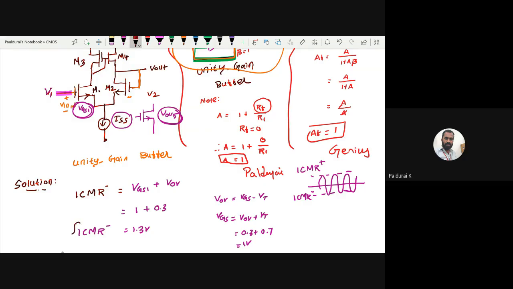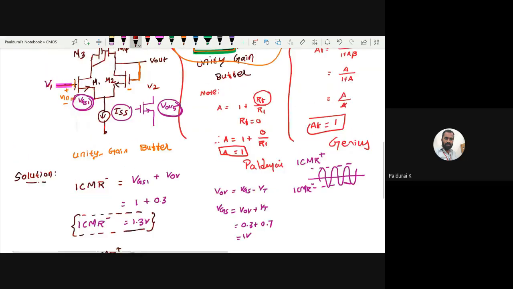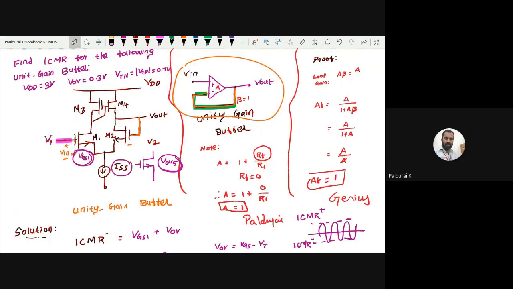It will take some time to digest this, I can understand, but let me complete that. ICMR plus also. Now what is ICMR plus? ICMR plus is the maximum, right? I am applying VDD, and we are measuring the voltage at this point.